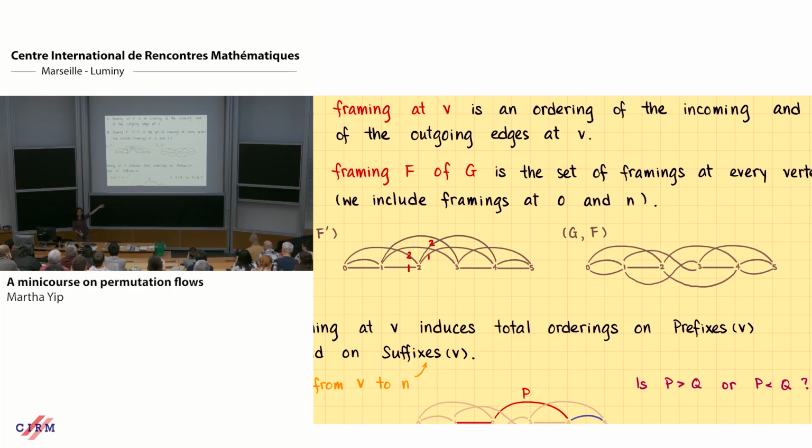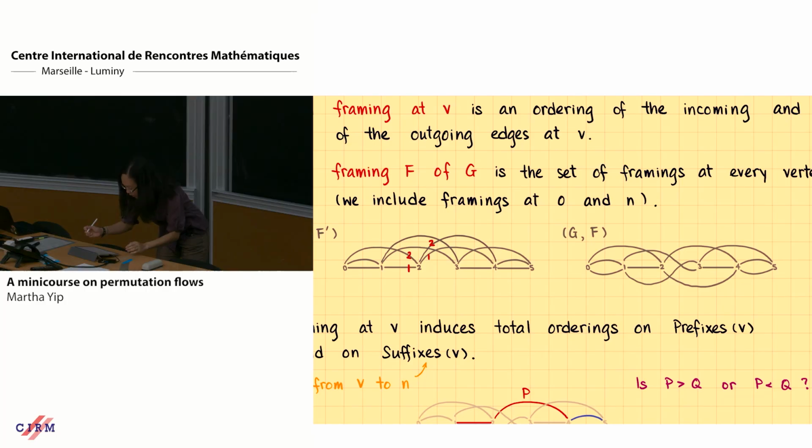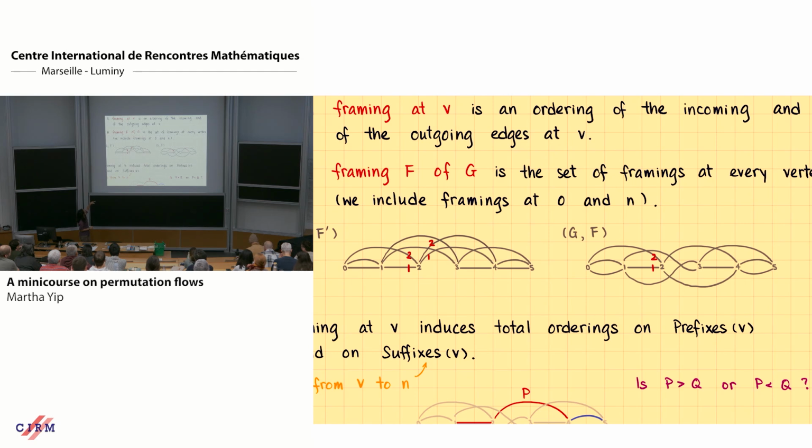The graph is the same, but here, let's look at vertex 2 again. The incoming edges are ordered the same way as before. Actually, this graph I just noticed has a lot of symmetries. I've never drawn it like this ever; I did it for this talk. But anyhow, when I frame it like this, this is the lower, this is the upper.